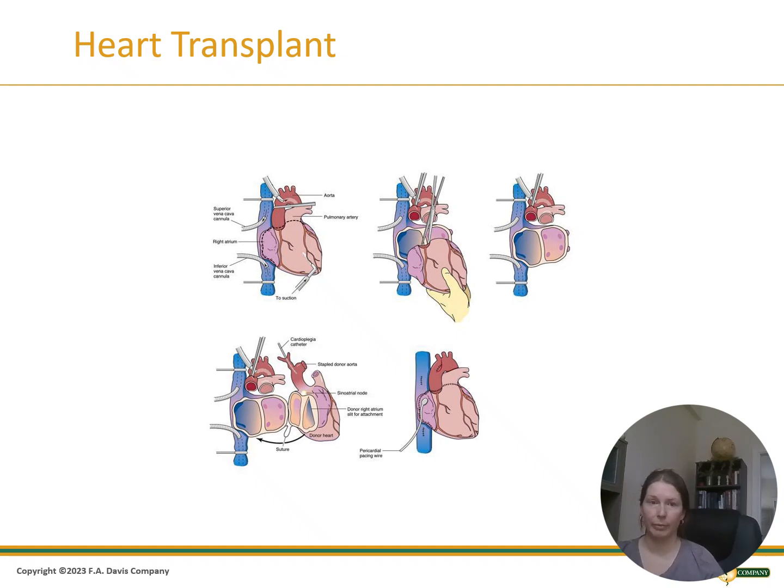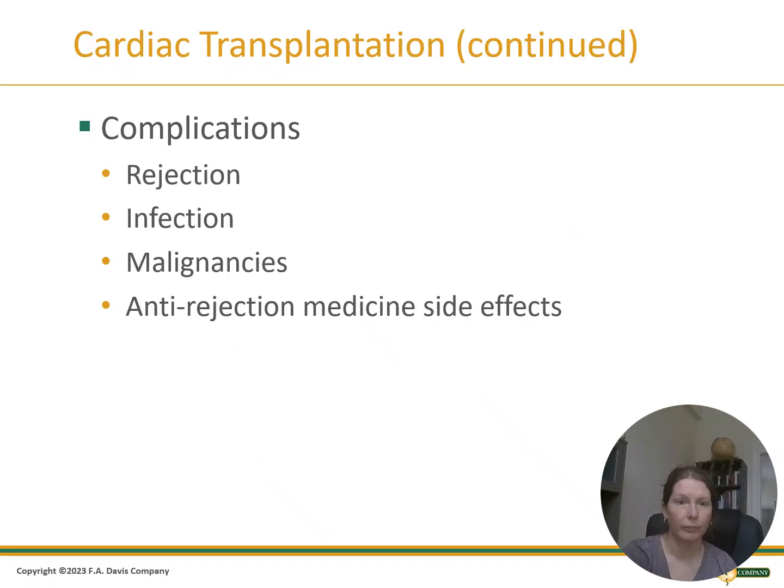The things we want to monitor our patient for are signs of organ rejection and infection. We want to monitor their cardiac function and be on the lookout for any complications from the surgery.